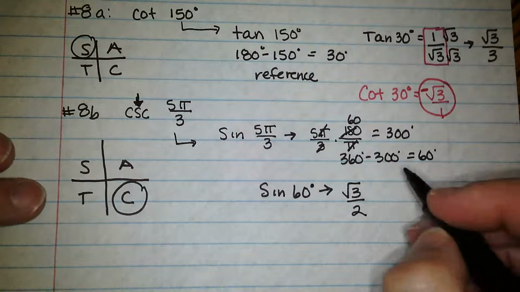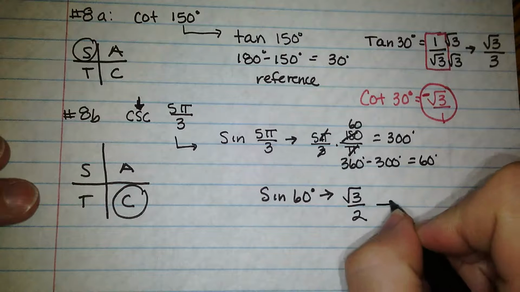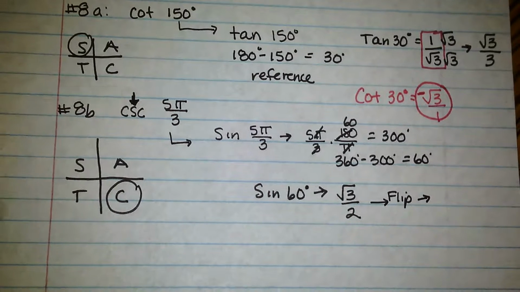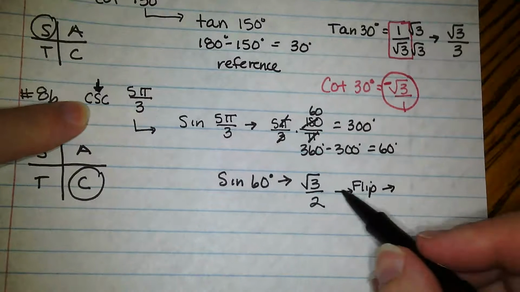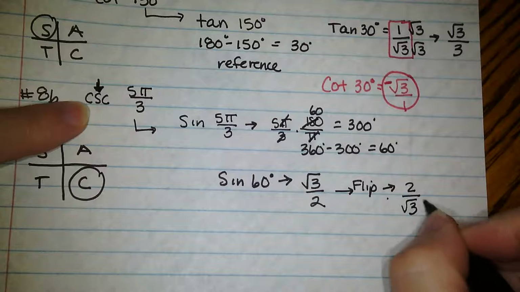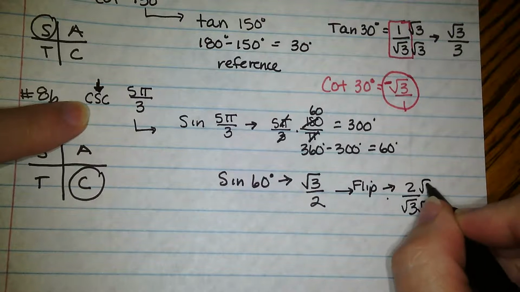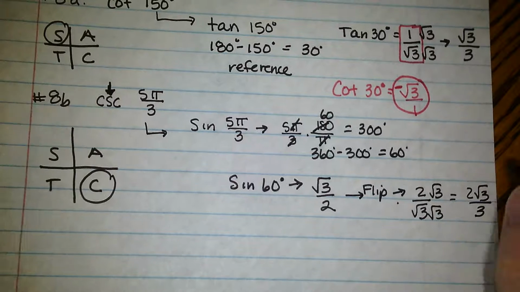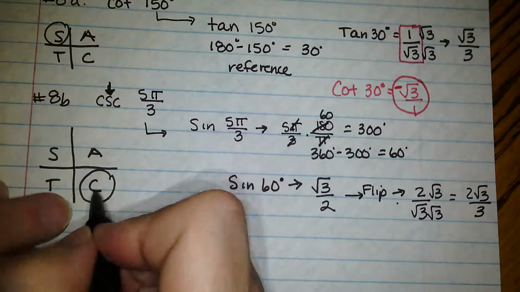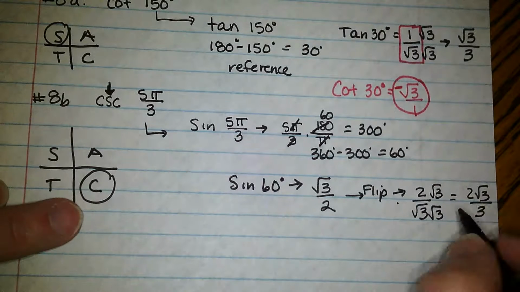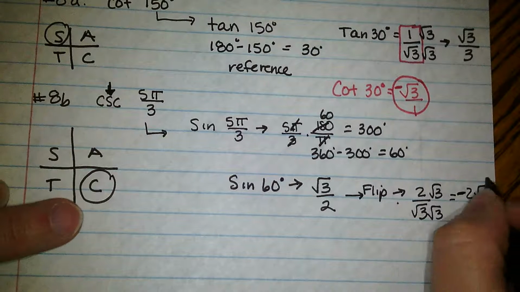And then we need to flip it, because we are actually looking for the reciprocal of that. We're looking for cosecant. When I flip it, it's 2 over radical 3, and then rationalize to radical 3 over 3. Now, going back here, remember that cosine is positive and sine is negative. So this needs a big fat negative sign in front of this too.